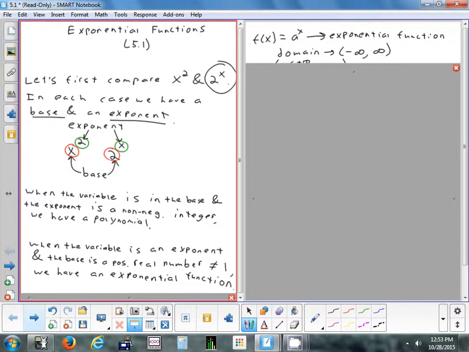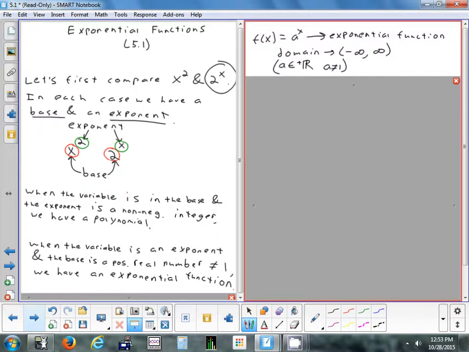You can raise 2 to any power you want. So the domain is negative infinity to infinity. Just remember, in this type of expression, the base can be any positive real number except 1. If it is 1, it's not that you can't graph it, it's just not considered exponential.